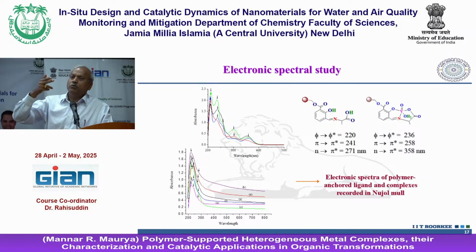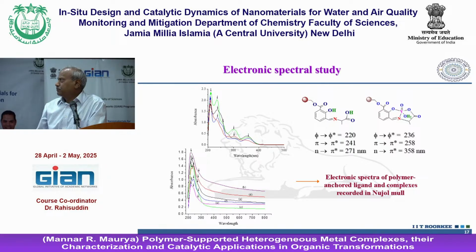So you have one with simple nujol pasted and the other with your metal complex pasted, and do regular UV-visible spectroscopy, and you can get some observations through that. That worked very well. You have to adjust the concentration several times, but you should be able to get the UV-visible spectra of these compounds very well, and can have some information after comparing with your homogeneous analogs.